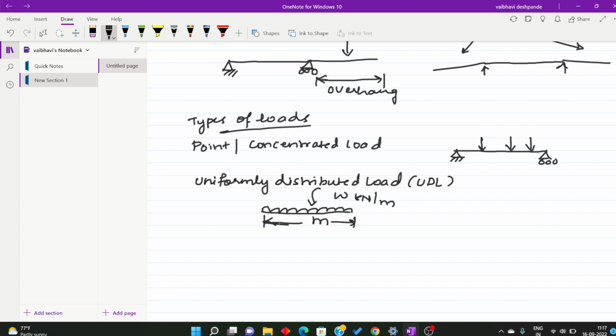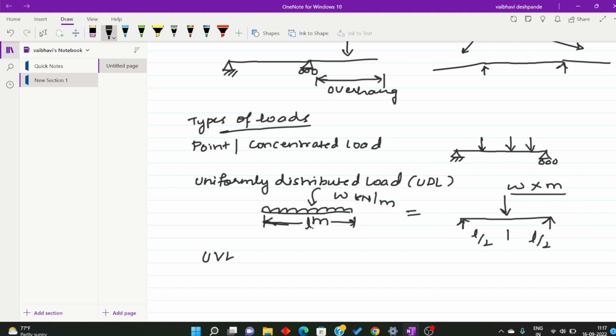Then its magnitude, we can convert this into a point load like this. Okay, that is, it acts at center, that is W into M. It will be the magnitude of the point load and it acts at, suppose this is L meters, then L by 2, always it acts at half of the span over which it is spread.